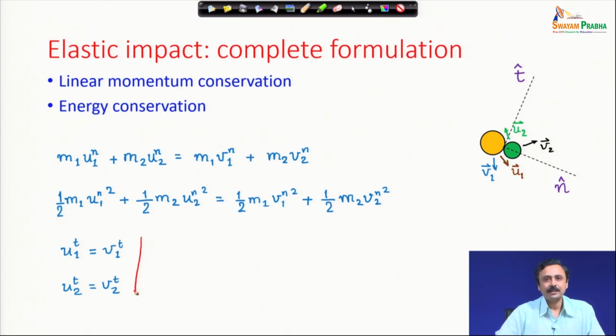Therefore, directly I can get v1t and v2t, and for v1n and v2n, the normal components, I have to solve the linear momentum conservation in the normal direction and the kinetic energy conservation of the system.